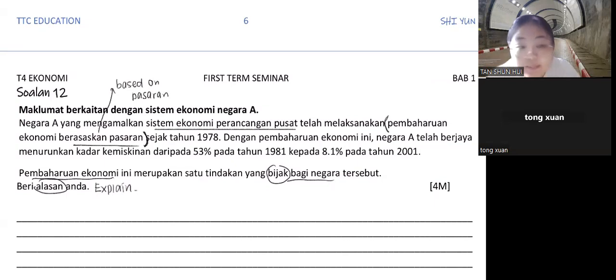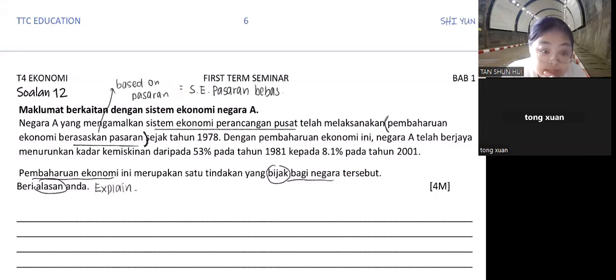If everything depends on the market, what system it is? This is a system economy pasaran bebas. All right. So they say, okay, they change. And now what happened? Oh, they berjaya menurunkan kemiskinan from 53 to 8.1. So they tell you this is a smart way.